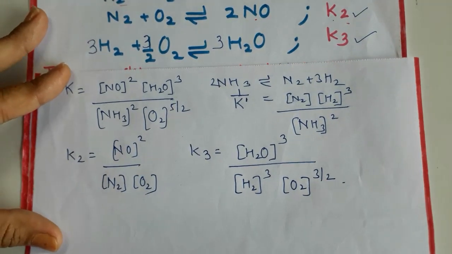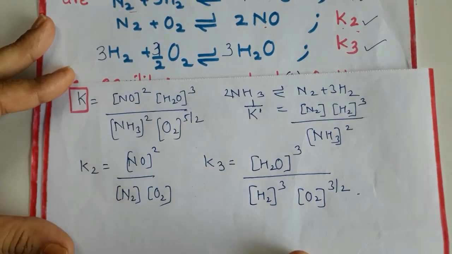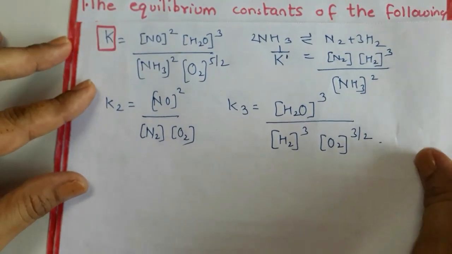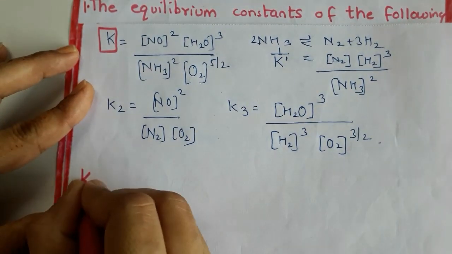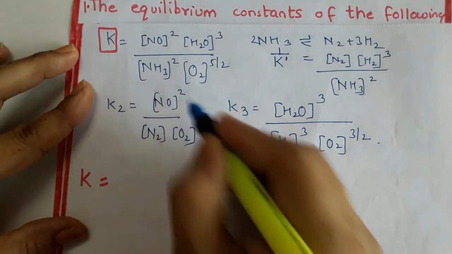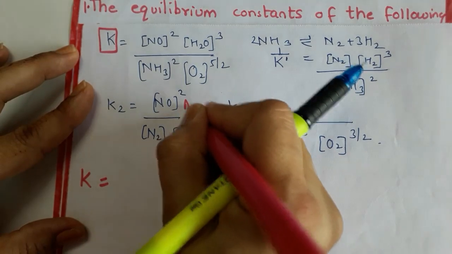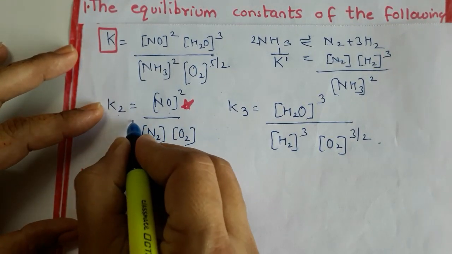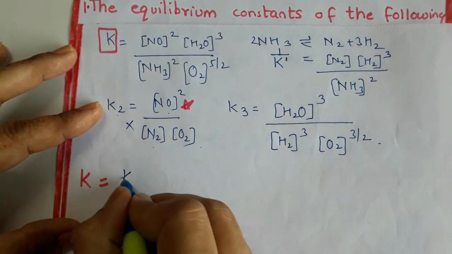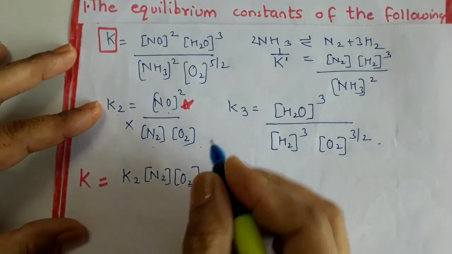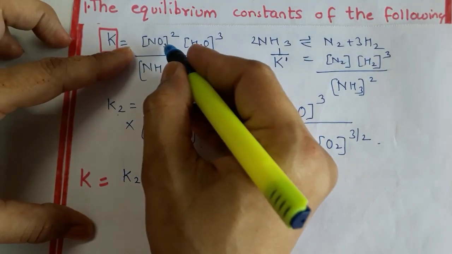Now we have to find out the value of K, so I am going to use these expressions. K is equal to NO square. Can we make out NO square? Yes, from this expression we will write down the value of NO square. I will directly write K2 multiplied by N2 multiplied by O2. So NO square I have written.